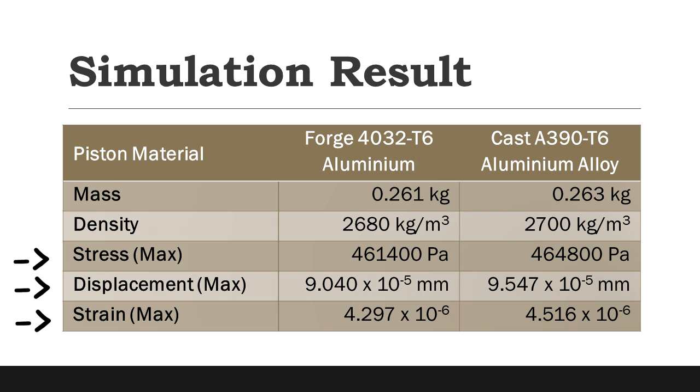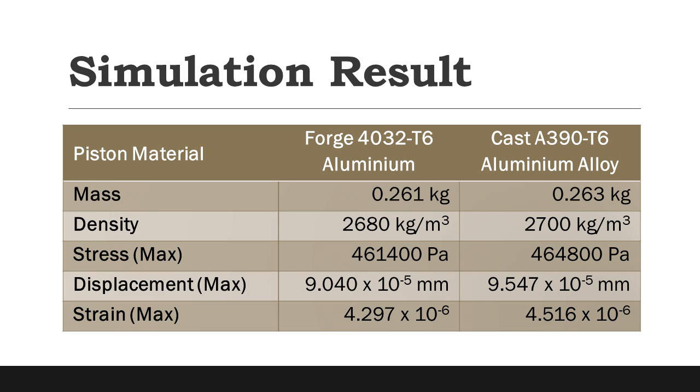The 4032 T6 aluminum has a smaller displacement change and also a lower strain. Which means under the 100 Newton force, it changes less in displacement, and also the strain is lower than the A390 T6 aluminum.